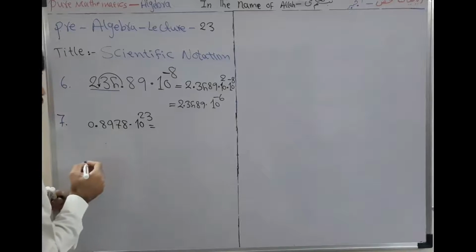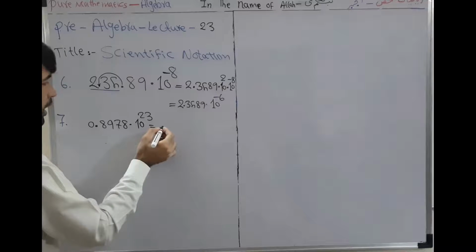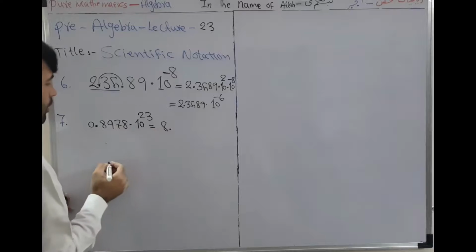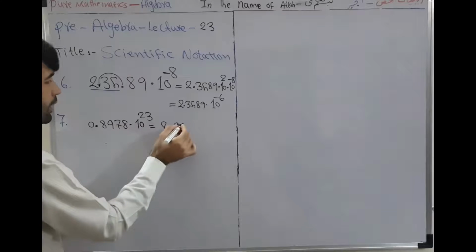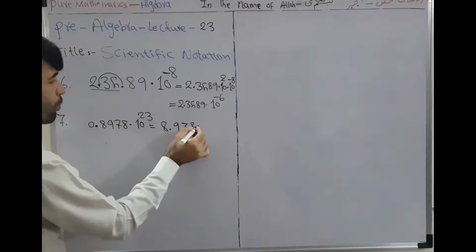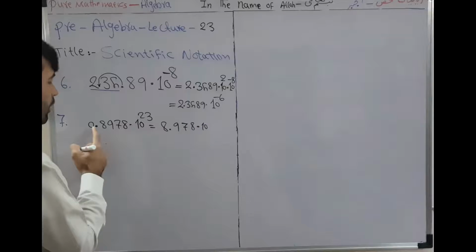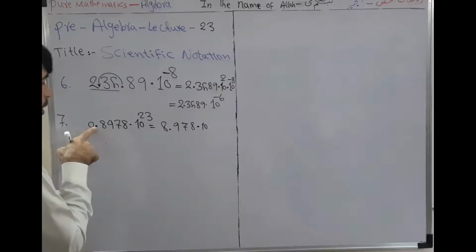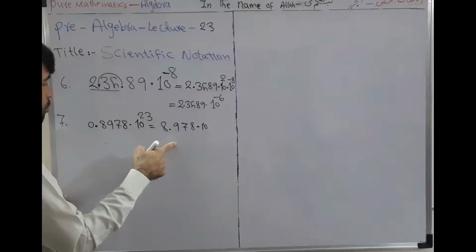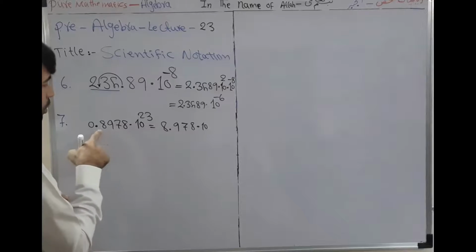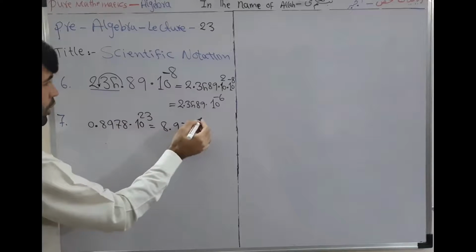It is equal to 8.978 multiplied by 10 to the power. The decimal point moved 1 place to the right side.